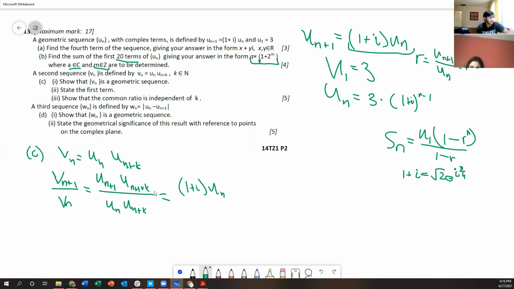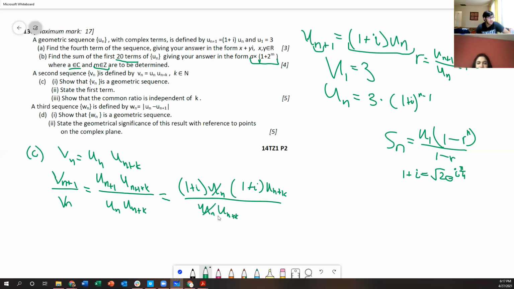How can we do that? We can just plug in n plus k into n. That'll give us n plus k plus 1, which is 1 plus i times u of n plus k, essentially. Make sense what I did? Okay. And on the bottom, we have u n and u n plus k.